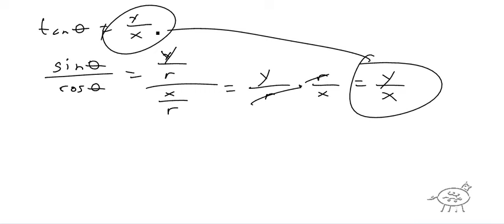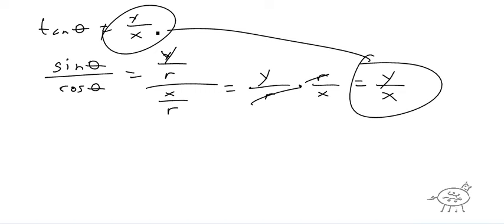I think it allows you to remember sine and cosine, and then not even have to worry about tangent. If you know tangent is y over x, or it's sine over cosine, then you just have to memorize sine over cosine.